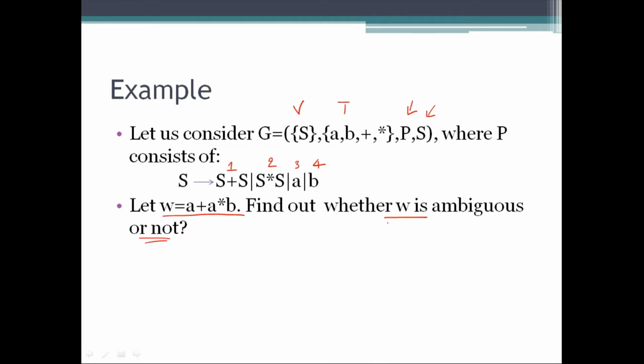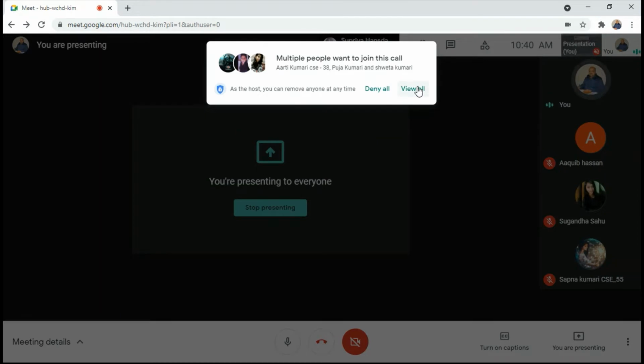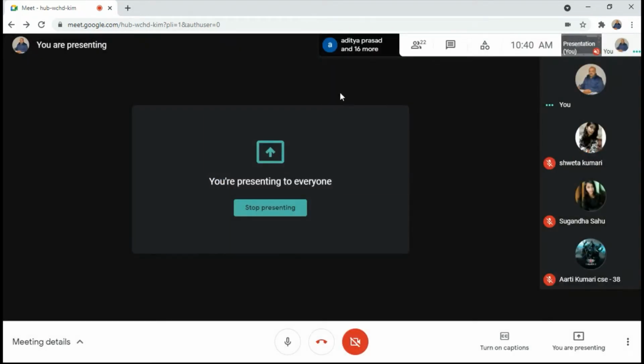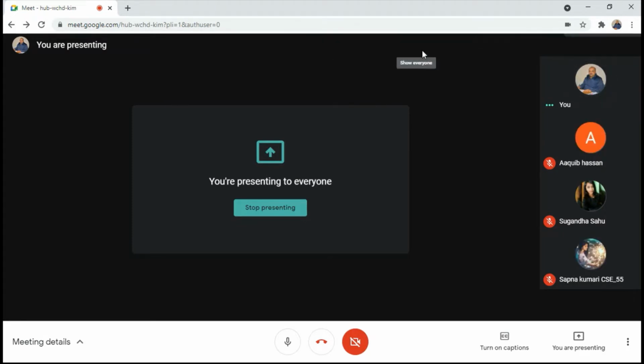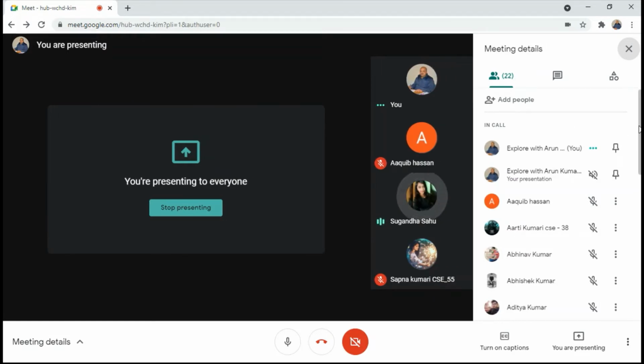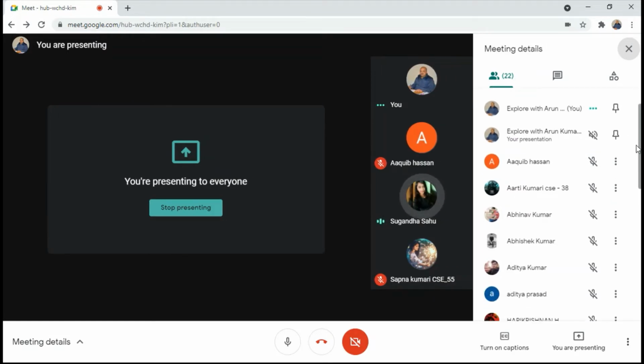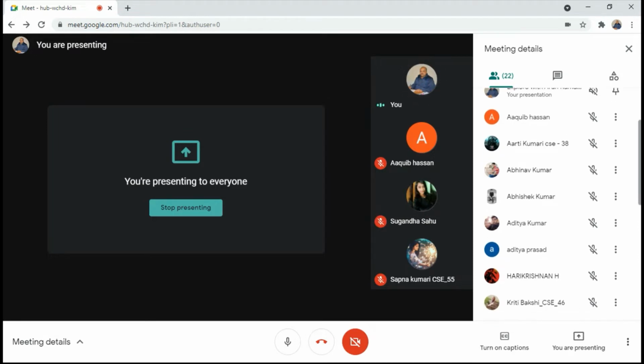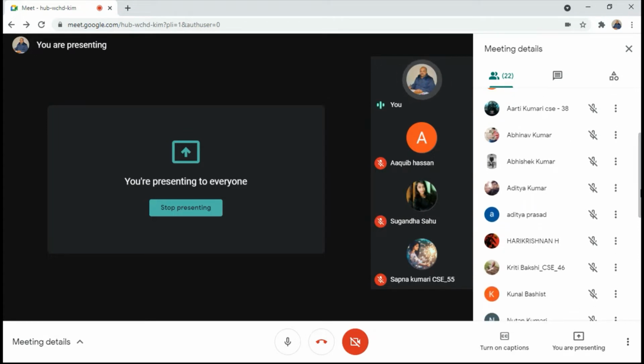So what is the definition of ambiguity in a particular string? If we have more than one leftmost derivation, then we are going to call that string ambiguous.